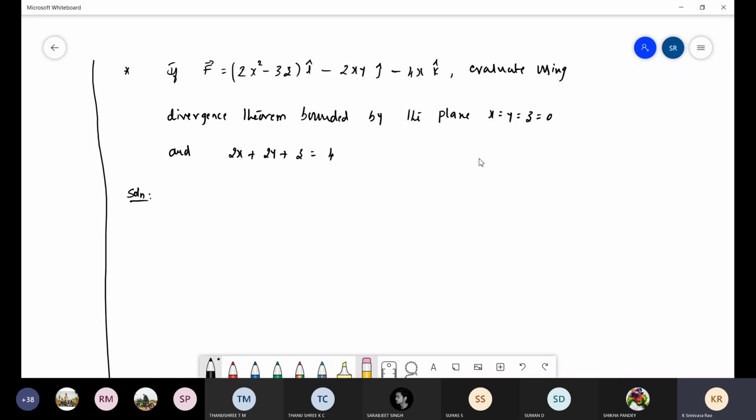First we will calculate the limits, okay? Then easily you can substitute, okay? First we know the divergence theorem. Write the formula: double integral surface integral f dot n cap ds is equal to triple integral, that is volume integral div f dv, and take this as equation 1.